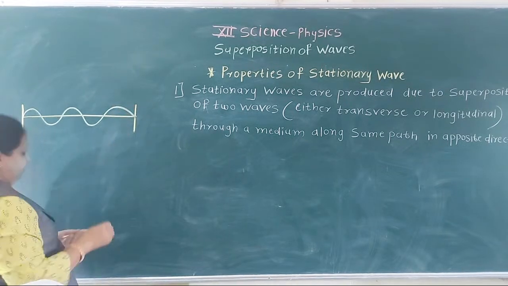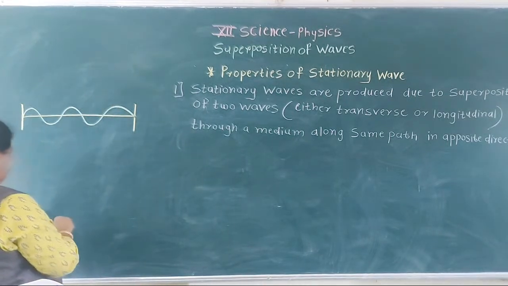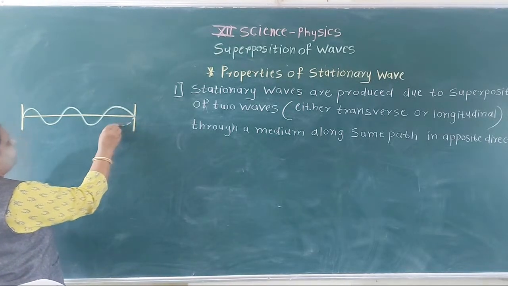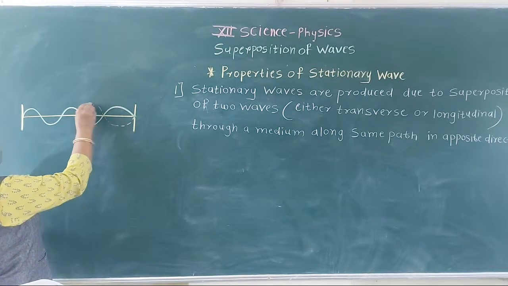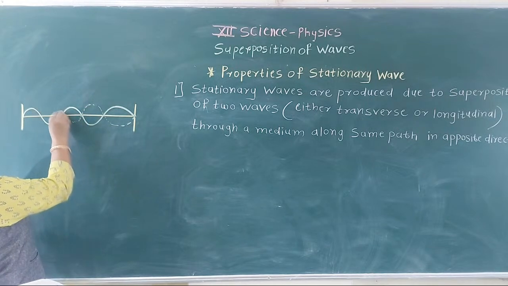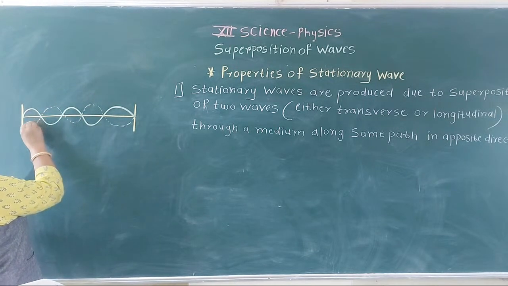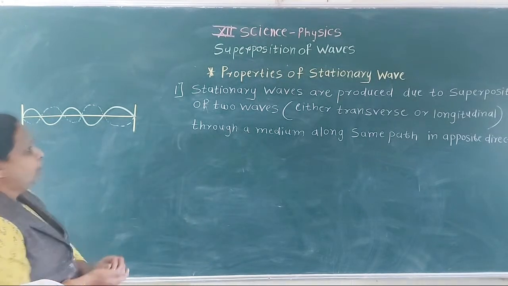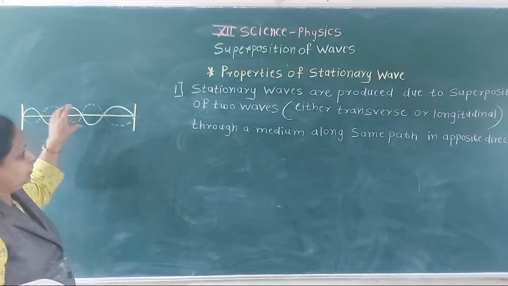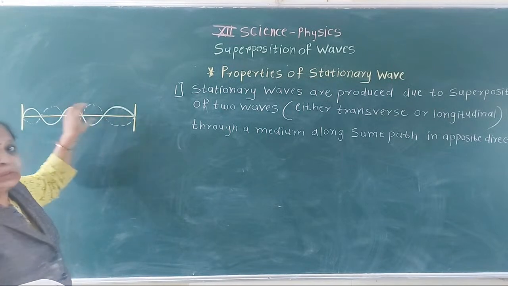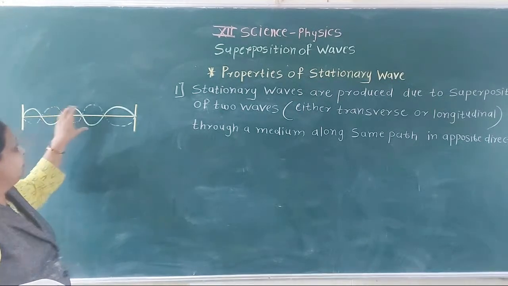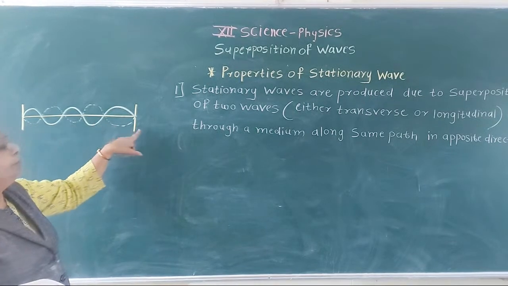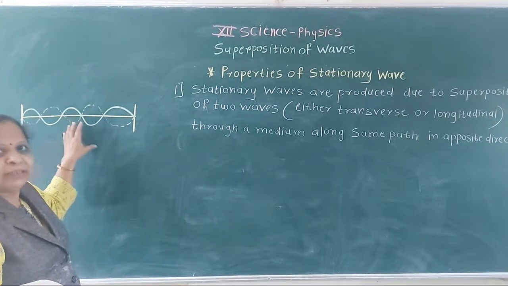Here wave is produced. Now again, after inflection, this wave is produced. Now it is the transverse wave. So when two transverse waves superpose or interfere to each other, then the resultant wave becomes a transverse stationary wave.